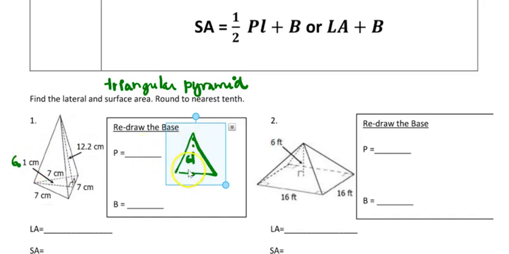So we've got a height of 6.1, we've got a side of 7, and they are all the same, so 7 and 7. So the perimeter of this shape is 21, and the area, remember, is base times height divided by 2. So the base of this is going to be 7 times 6.1.